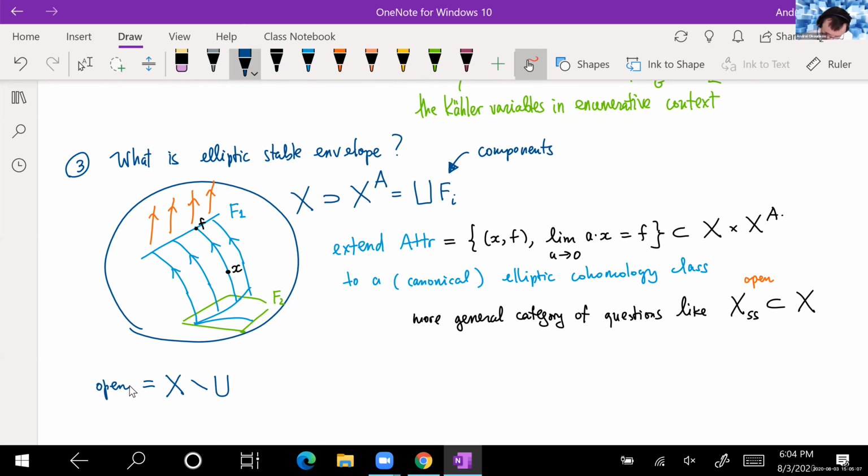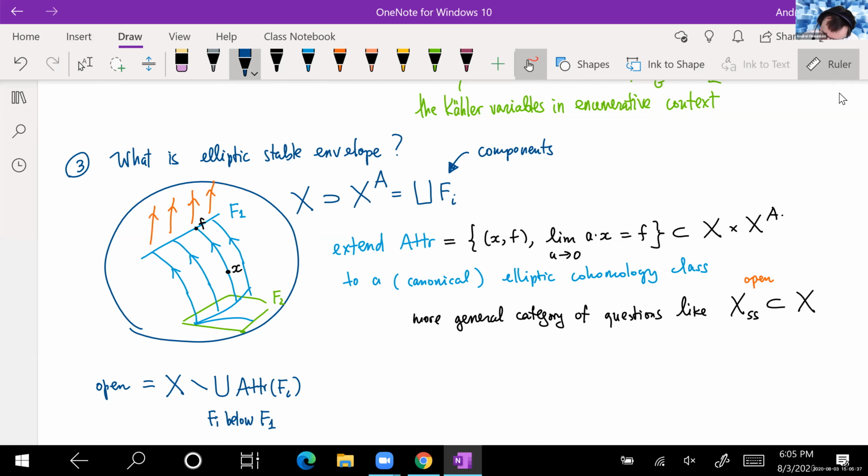This open takes out the union of attracting manifolds of all components which are below our given component F1 in the attracting order. Then we have a nice open set on which we have the attracting manifold, and we would like to extend the homology class given by that smooth manifold to the whole thing.